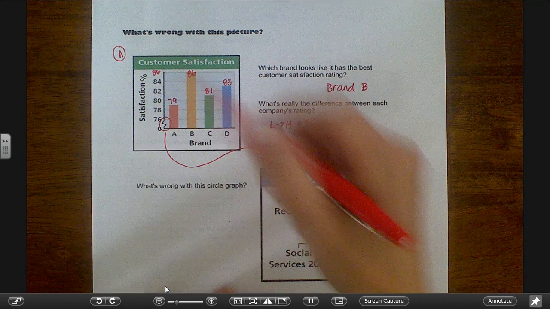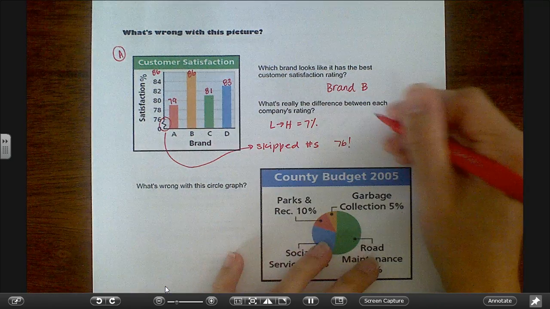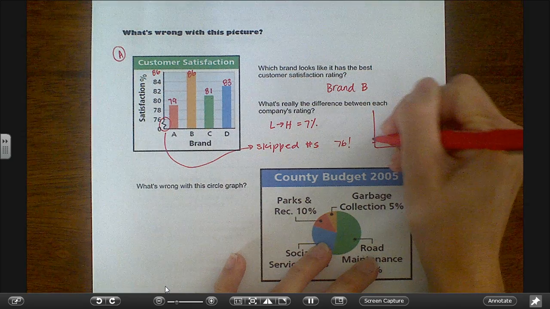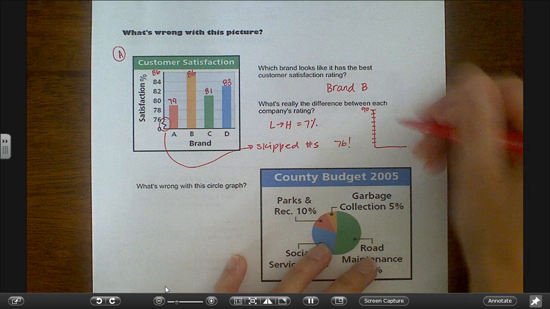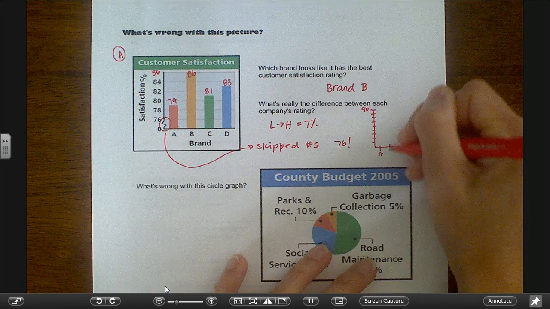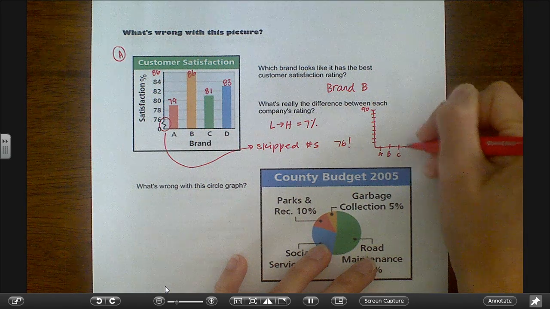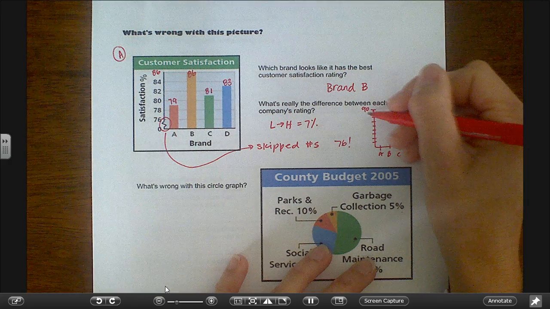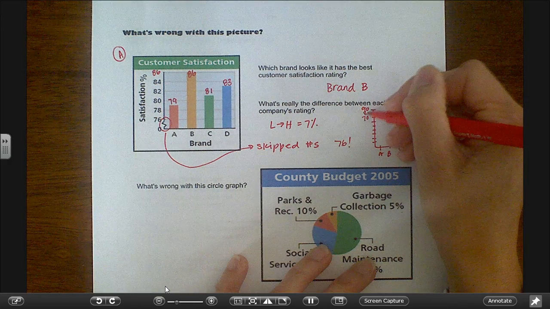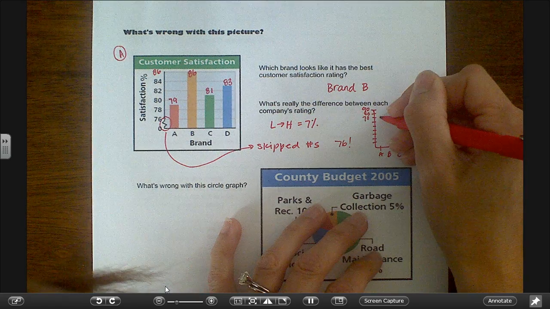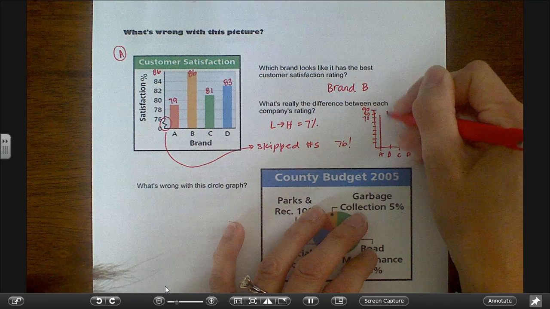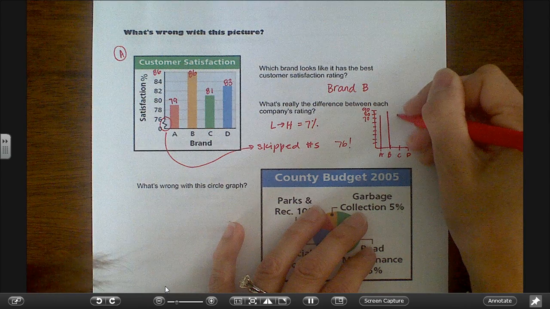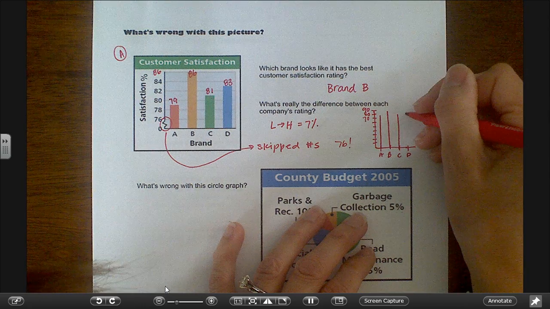And you would do that because if you were to actually graph this, like 10, 20, 30, 40, 50, 60, 70, 80, 90, okay, then you have A, B, C, D. Then you would have A at almost 80, and B at almost 90, and C at a little over 80, and D at a little over 80.